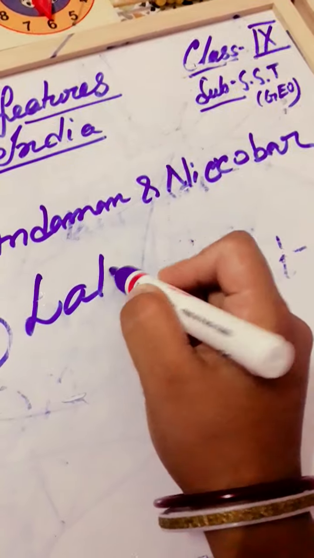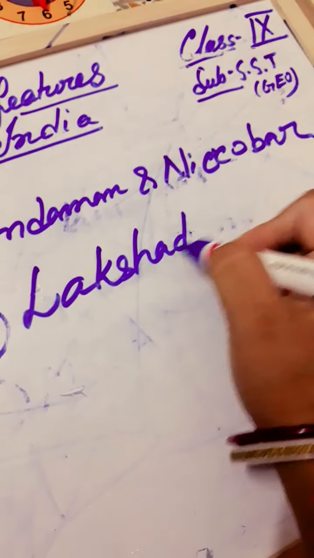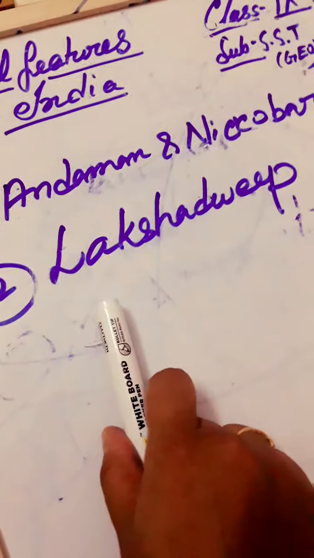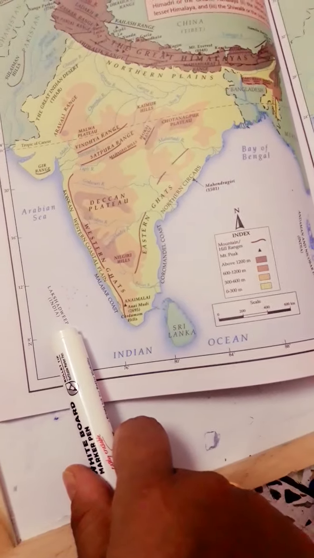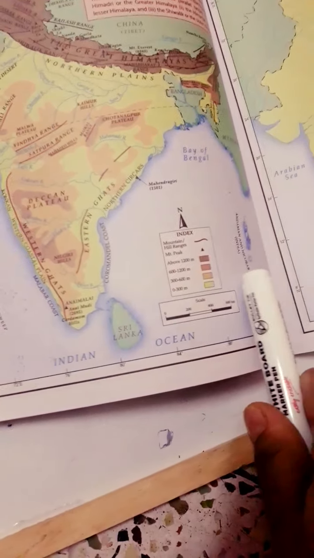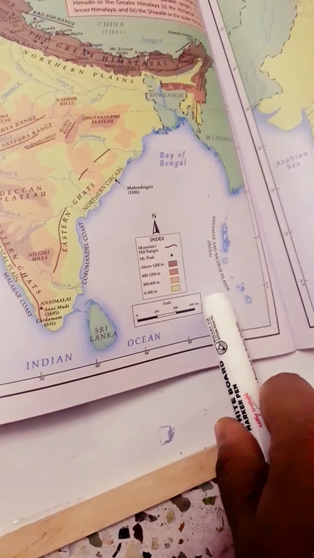Number 2, Lakshadweep Islands. Now, each and every island group has some characteristics. Look at the map again. The western portion of the Indian map is known as Lakshadweep, and the eastern portion is demarcated as the Andaman and Nicobar Islands.